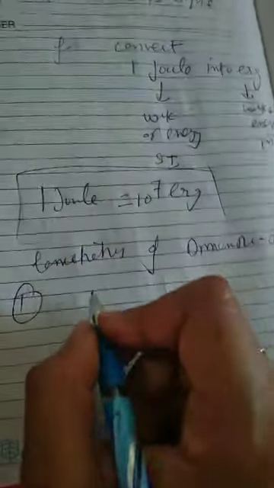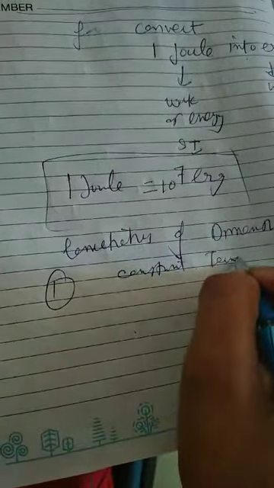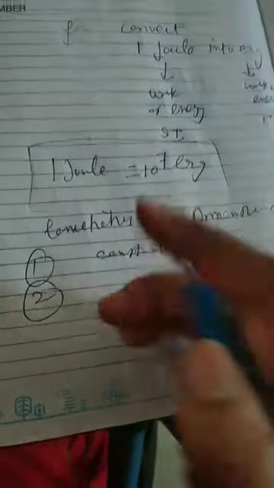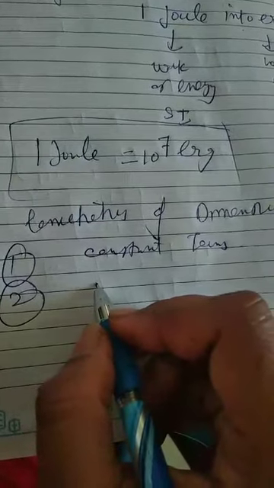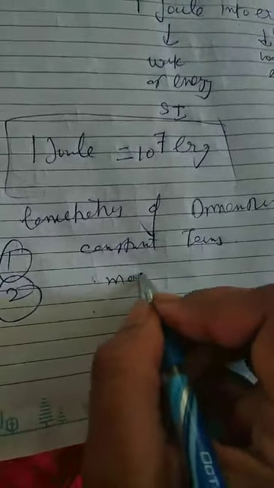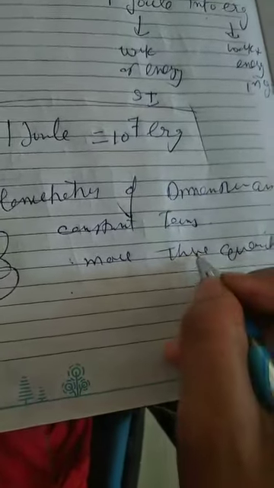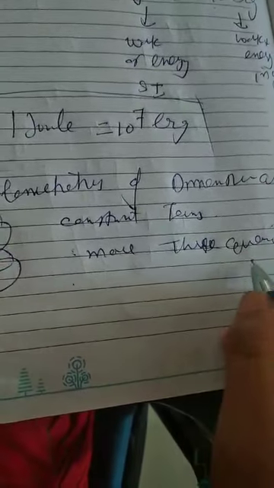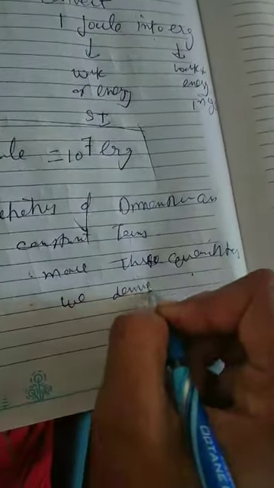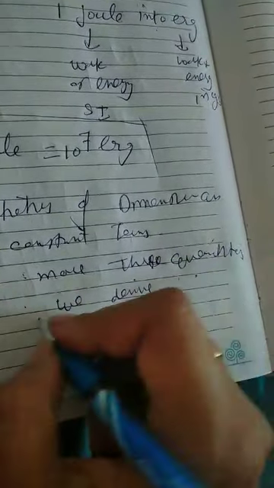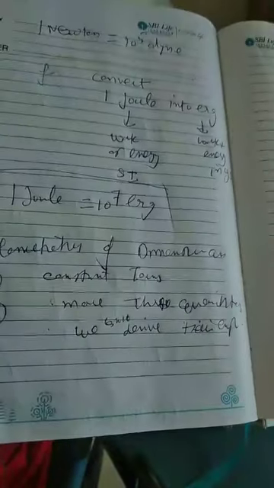Number 1, we can't find the dimensions of constant terms. Number 2, any physical quantity that depends upon more than 3 quantities: if any physical quantity depends on more than 3 quantities, like we have derived the expressions, we can't derive the relation.